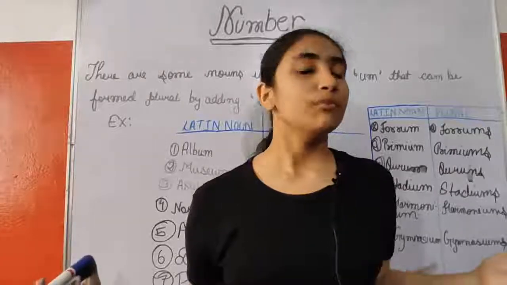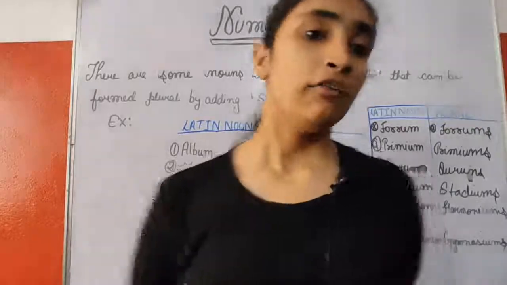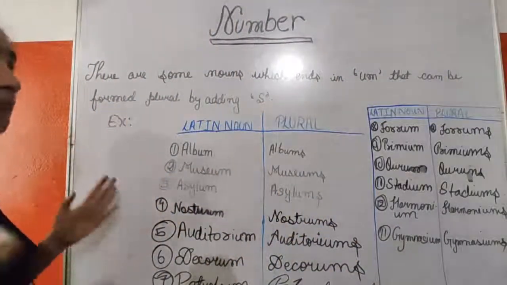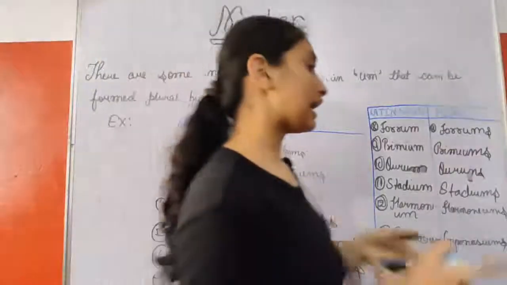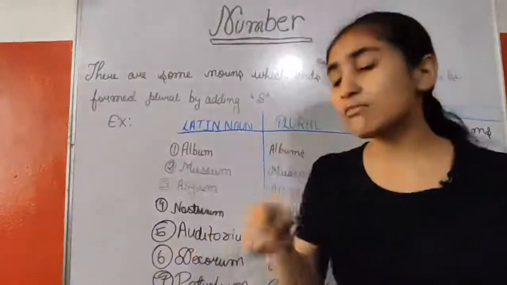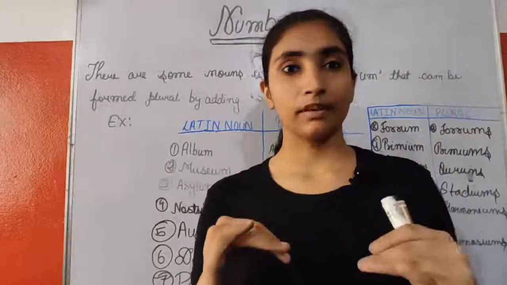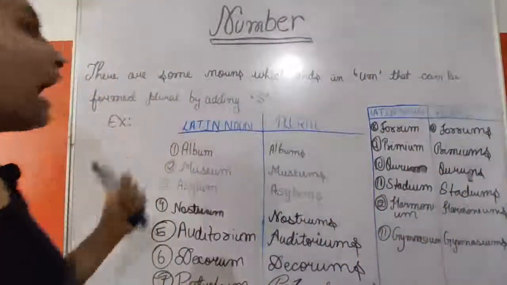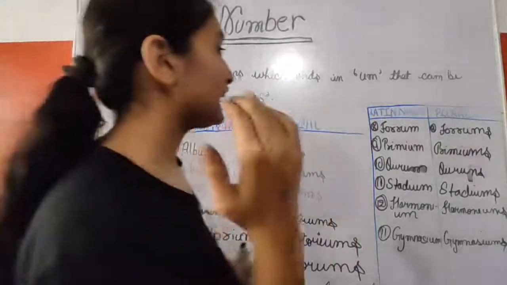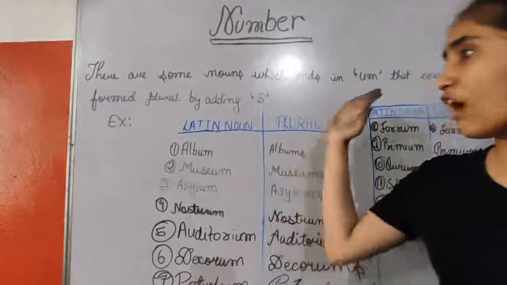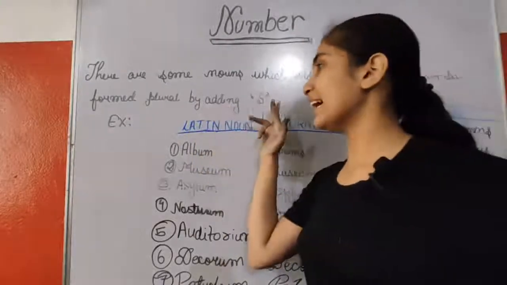So let's move ahead. What does the next rule say? The next rule says that there are some Latin nouns which end in um that can be formed plural by adding s.